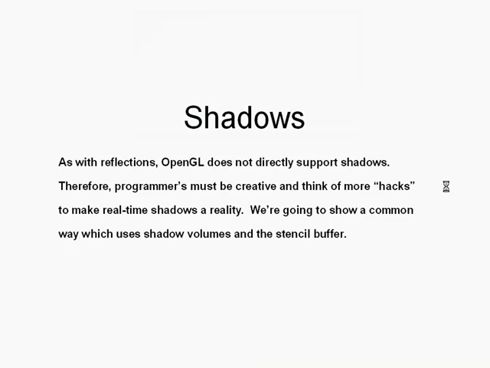All right, so shadows, hacks, we basically just said all of this a second ago. But again, what we're going to do is use the stencil buffer and a trick, if you will, to pull off the illusion of shadows, similar to how we used the stencil buffer to pull off the illusion of reflections.